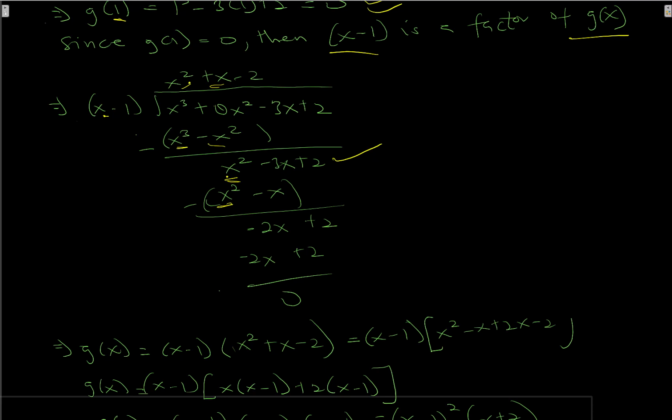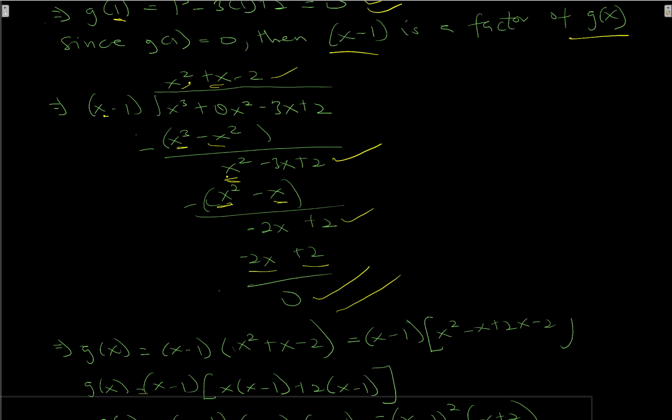Then we also multiply x by negative 1, which is negative x. And when you simplify it, we get negative 2x plus 2. Now, x goes into negative 2x, that's what? Negative 2. Negative 2 times x is negative 2x. Then negative 2 times negative 1 is 2. And when you simplify, you get 0.